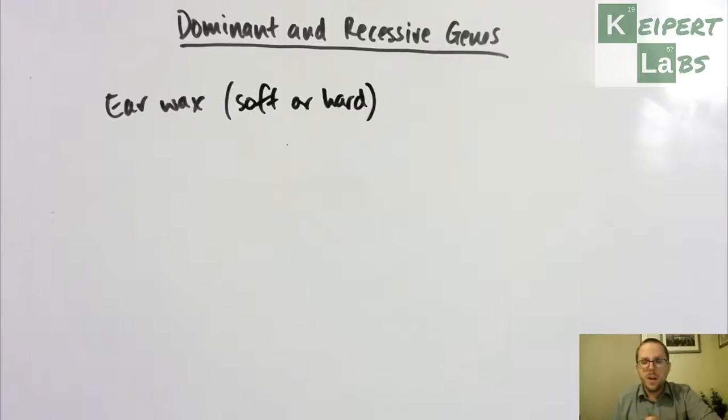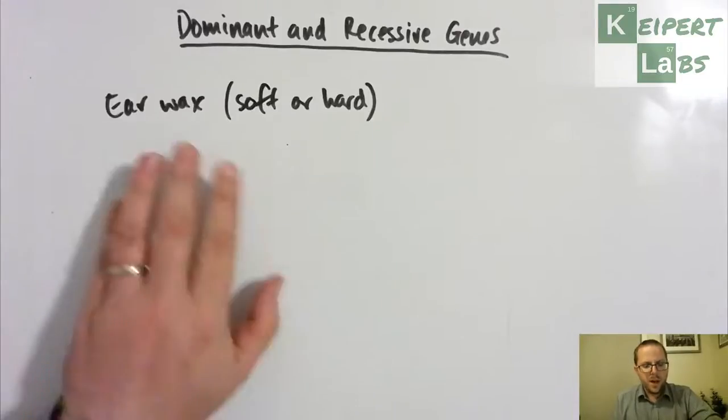You probably never thought about it before, but you have either soft earwax or hard earwax. Soft earwax is, if you stick your finger in the ear because it's a little bit itchy, it comes out all gooey. Hard earwax is the sort of stuff that never comes out and tends to form a hard clump that might block your ear in the end.